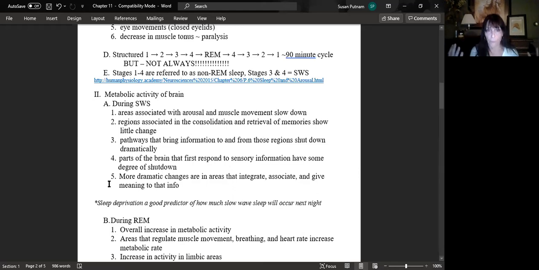Parts of the brain that first respond to sensory information have some degree of shutdown. And more dramatic changes are in areas that integrate, associate, and give meaning to that information. So now we're starting to have those areas that would be integrating things appropriately slow way down.